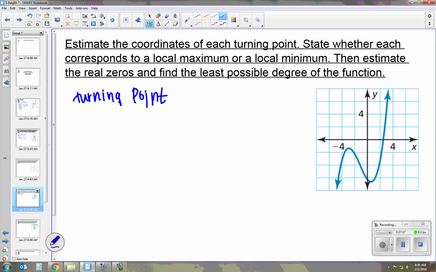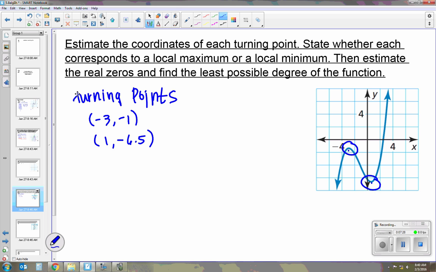And we're just going to estimate those turning points. So we're going to estimate this point and this point right here. Okay? So we have one at about (-3, -1), and another one about (1, -6.5). So those are our turning points.